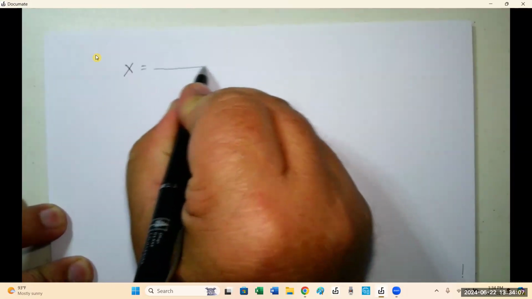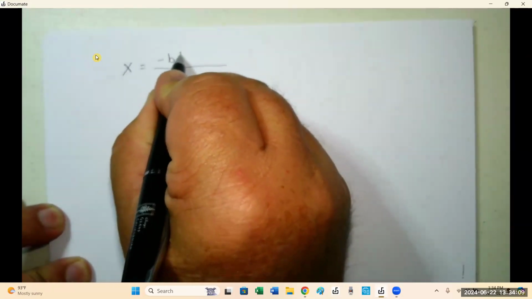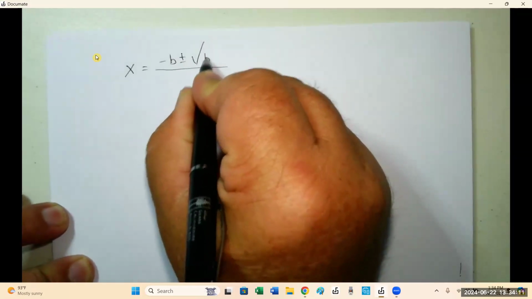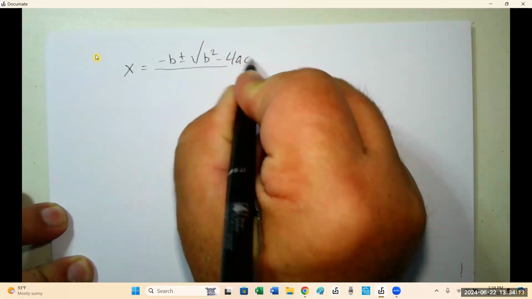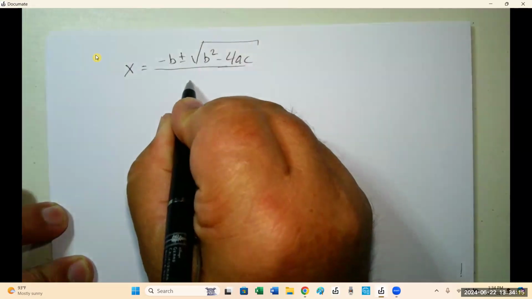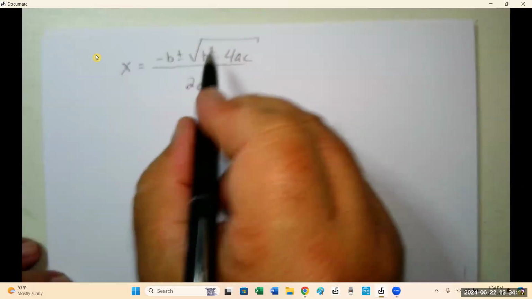All right, so that's the first way we could do it. Remember in the quadratic formula, we had negative b plus or minus square root of b squared minus 4ac, over 2a.